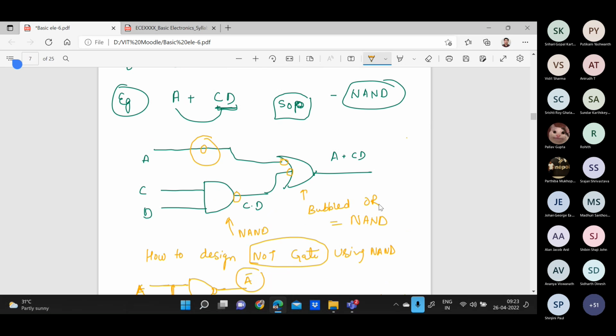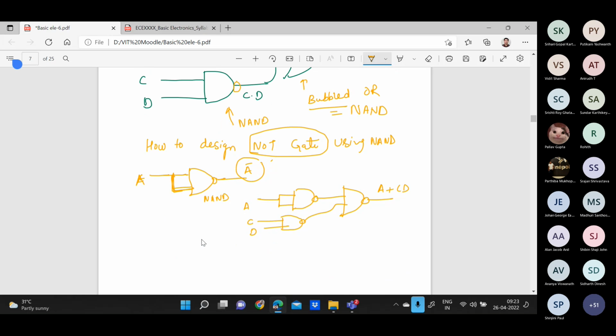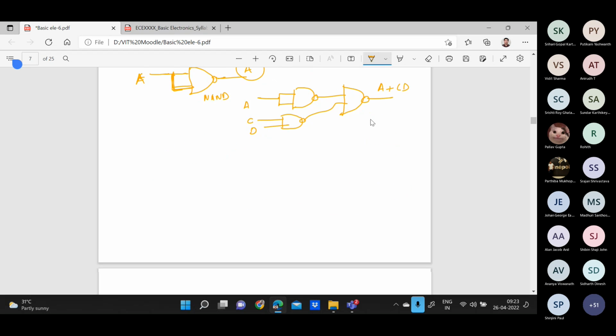So the procedure is what? You have to design by using the basic gates, bubble it. After bubbling, you have to check if any single NOT is there, then you can represent it by combining the terminals, that will behave as a NOT gate. Okay, and then bubbled OR gate you can represent by a NAND gate, right?